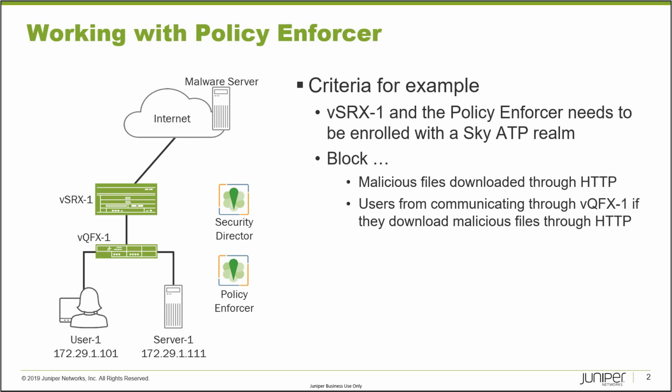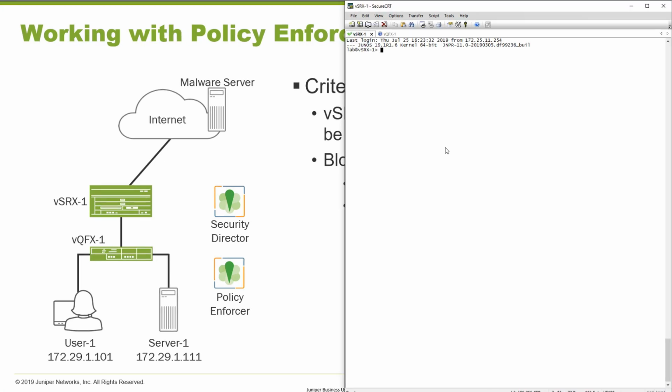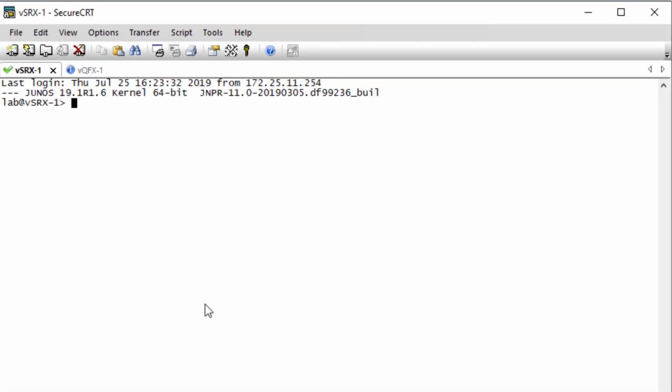Okay, with that, let's go ahead and jump to the CLI of VSRX1 and also QFX1 to check out a few things before we jump to Security Director. All right, so here is VSRX1. I wanted to show there is no advanced anti-malware connection, so nothing's been set up there. And then if we jump to QFX1, we can show the VLANs.